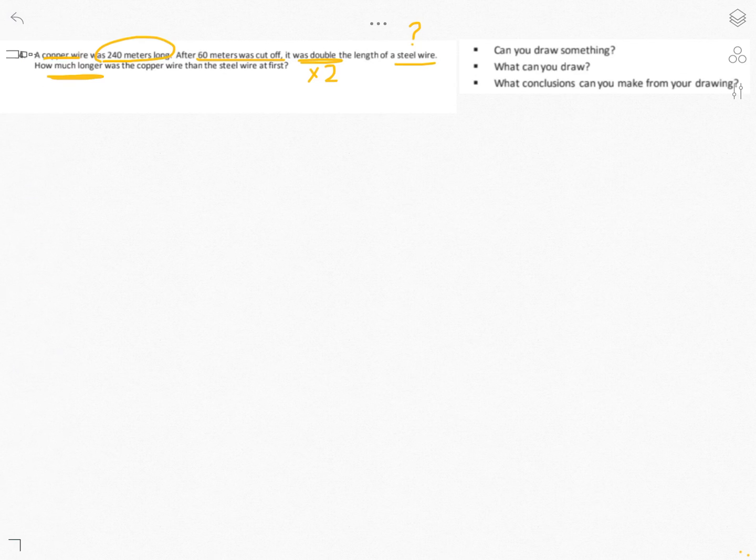I'm going to draw a tape diagram for my copper wire. So C for copper. It was 240 meters long. It had 60 meters cut off.